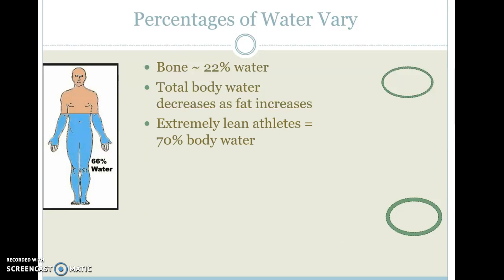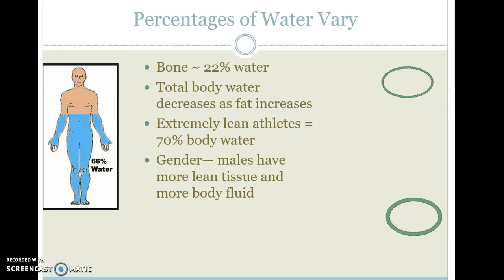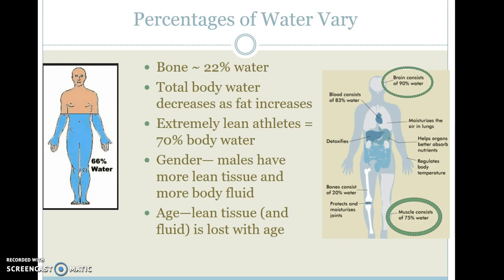It's a lot, some in our bones, some in our fat. The more muscle you have, the more water you have, and the more water you'll need to replenish. Males tend to have more muscle, so they tend to need more water than females. And as we get older, we have less water because we have less lean body tissue as we age.